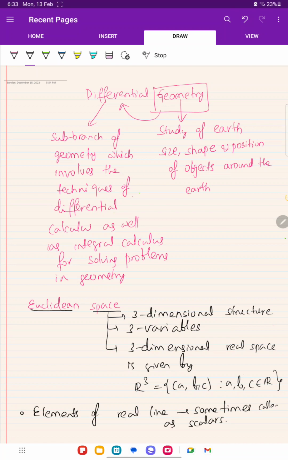So space is a three-dimensional structure which involves three variables, and the three-dimensional real space is given by the set R3 equal to the ordered triples (a, b, c), such that the entries a, b, c belong to the set of reals.